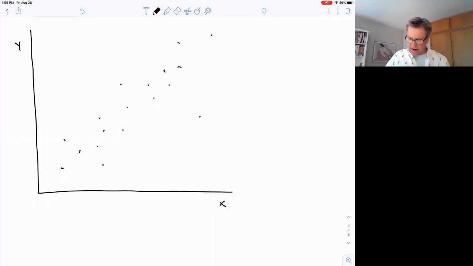This is known as a scatter plot, where we just plot the data on a graph. And what we want to do is try to draw a line that approximates what this data looks like. So we'll draw a regression line, or a best fit line through this data.